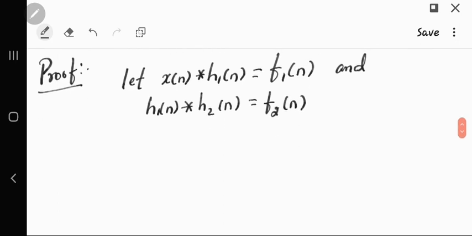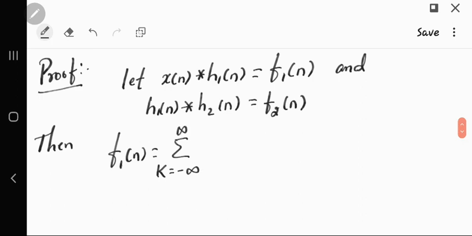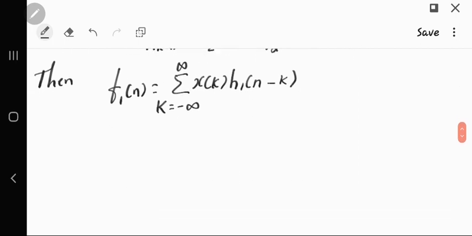So, these are the two things that we have defined. Then what happens to f1 of n? So, f1 of n is equal to summation k varies from minus infinity to plus infinity x of k h1 of n minus k. So, this we have written by using the definition of convolution sum.